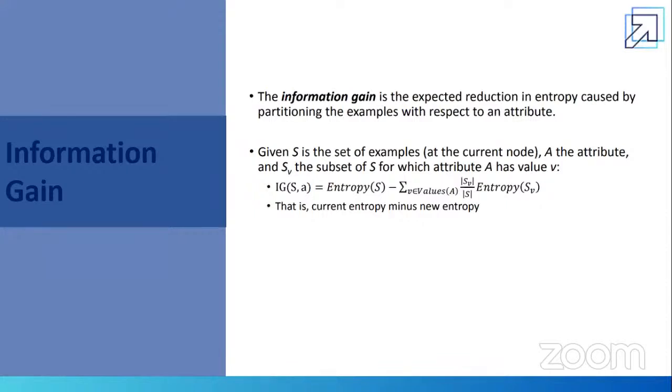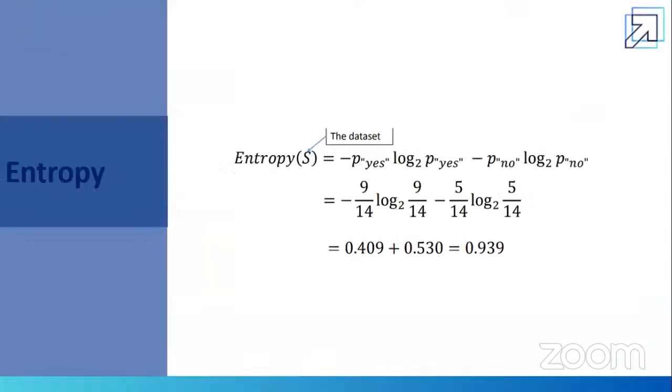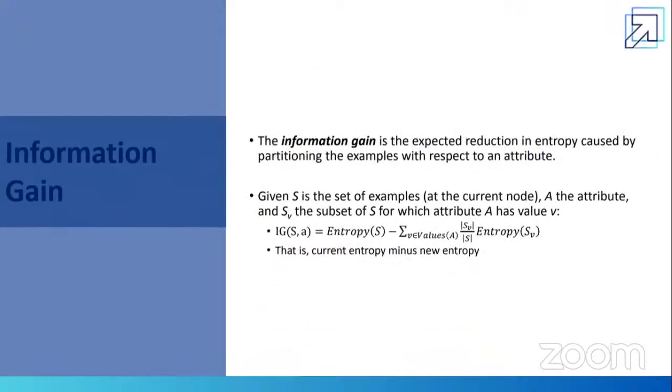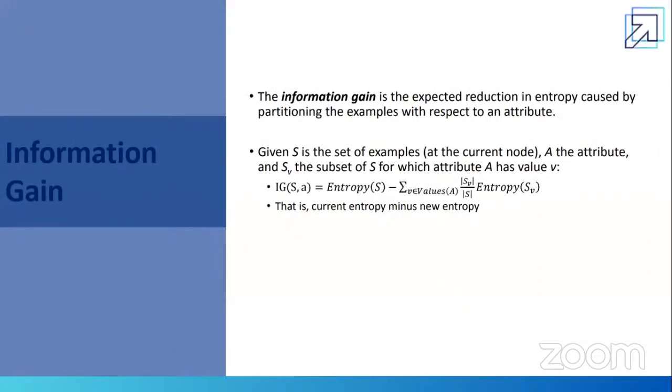So the entropy of my data was 0.939 when I split it on Outlook. So information gain is the expected reduction that is caused by partitioning with respect to the examples.